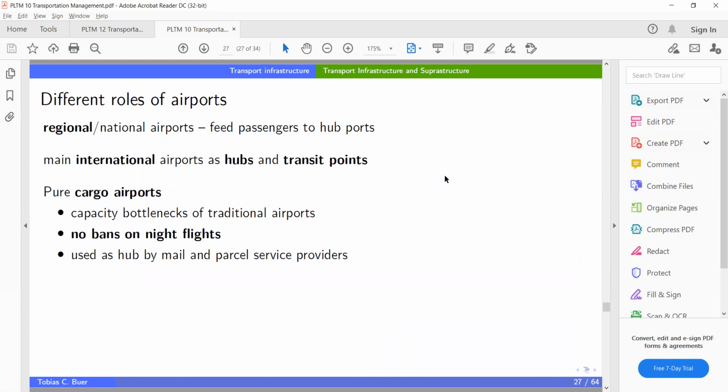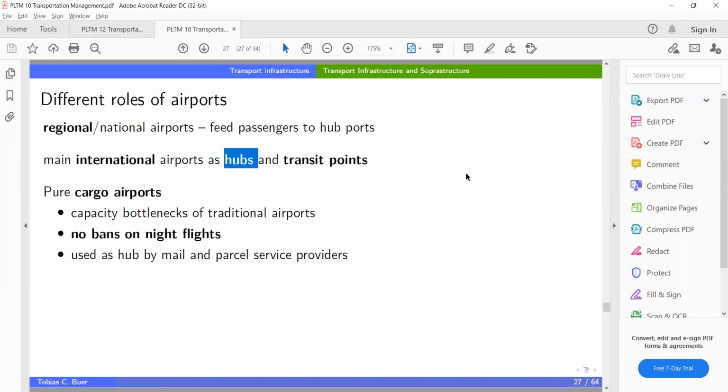So the airport in Dubai is clearly an international airport, and this airport has the role of a hub. Many smaller airports have connecting flights to this big hub airport, and then we use this big hub airport to collect as many passengers as possible and bring these passengers to a different hub airport.